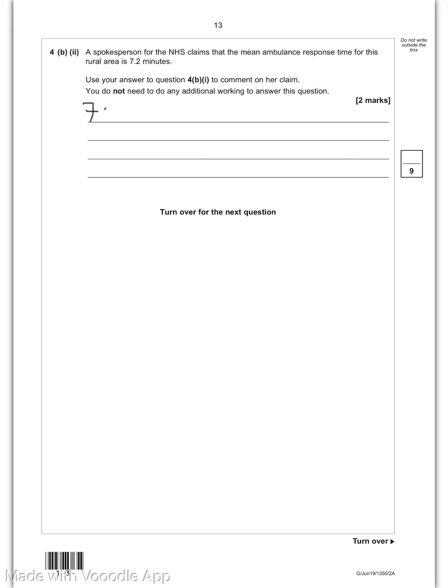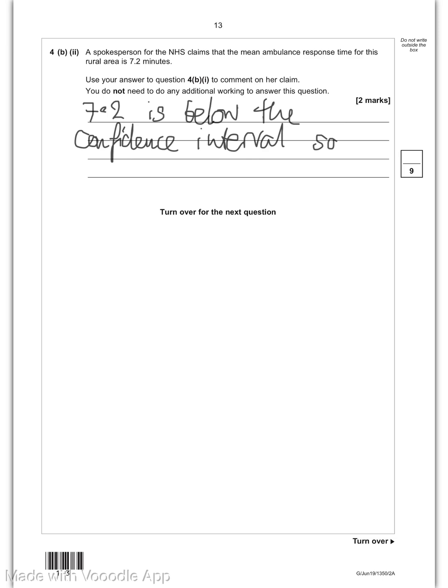So 7.2 is below the confidence interval. So the claim is unlikely to be true.